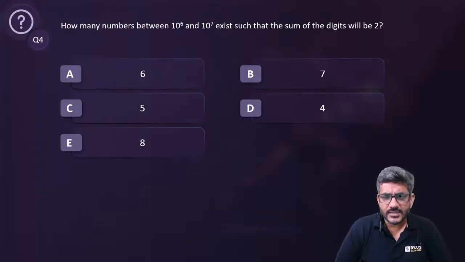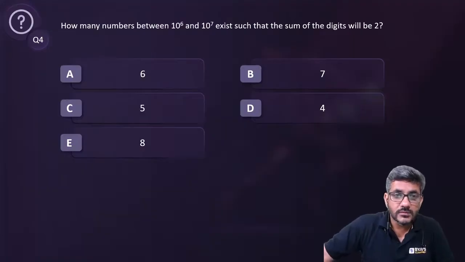It's an easy question. Many of you can answer this quite fast enough. How many numbers between 10 to the power 6 and 10 to the power 7 exist such that the sum of the digits will be 2? Any answers?